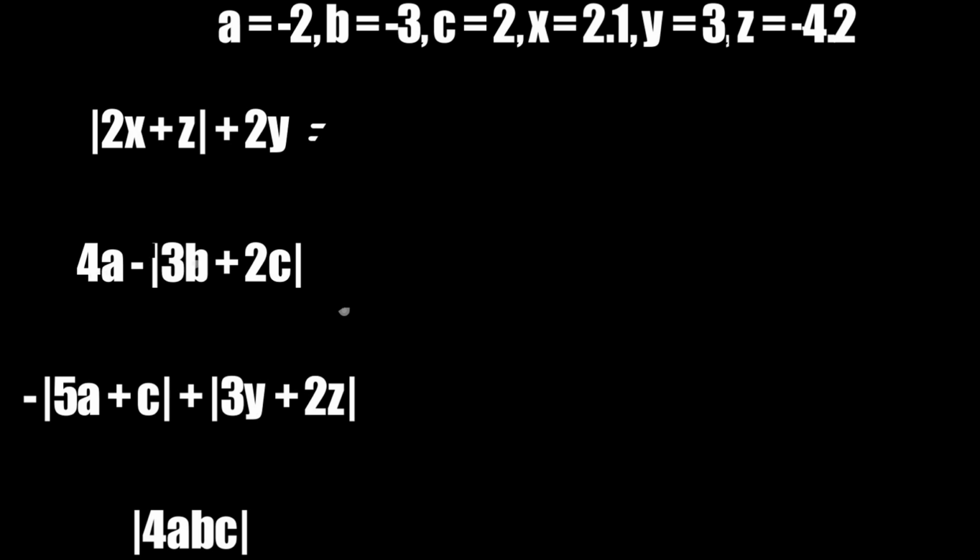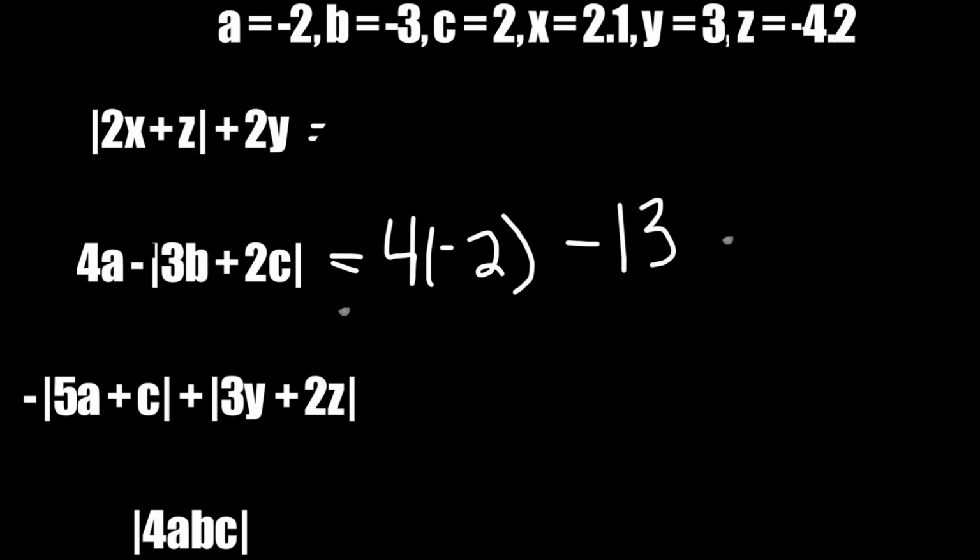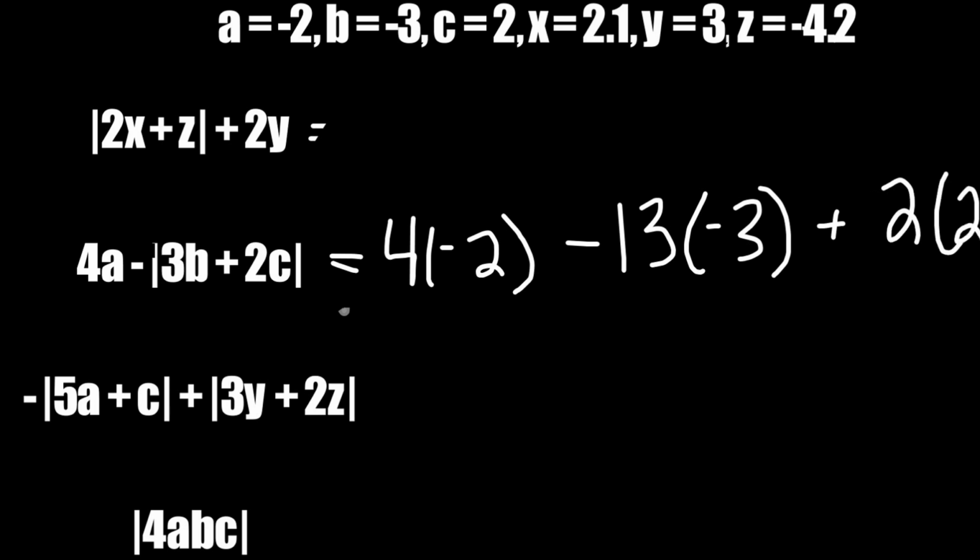4a minus the absolute value of 3b plus 2c. So let's rewrite this. 4 times a equals negative 2, so 4 times negative 2 minus the absolute value of 3 times b, which equals negative 3, so 3 times negative 3 plus 2 times c, and c equals 2, so 2 times 2.